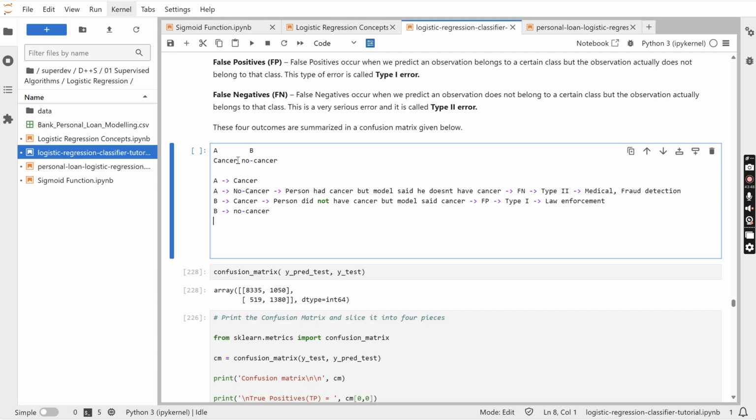What it means is, if you combine both patients for calculation, 50% of your calculation is already incorrect. Do you agree? If two patients are there, for one patient you are saying he doesn't have cancer, but he actually has cancer, 50% of that calculation is already gone.